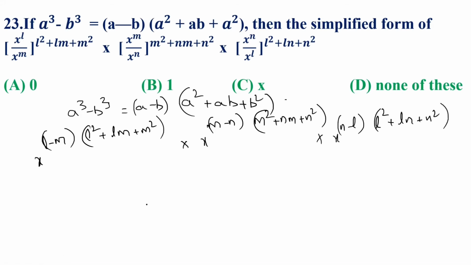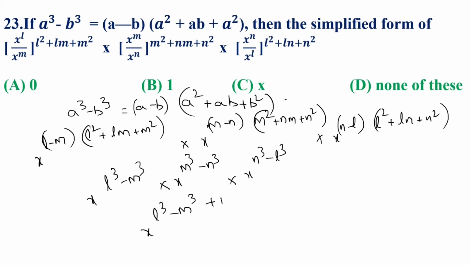So by using the formula, everything will be x to the power of (l cube minus m cube) into x to the power of (m cube minus n cube) into x to the power of (n cube minus l cube). And these can be written as l cube minus m cube plus m cube minus n cube plus n cube minus l cube.